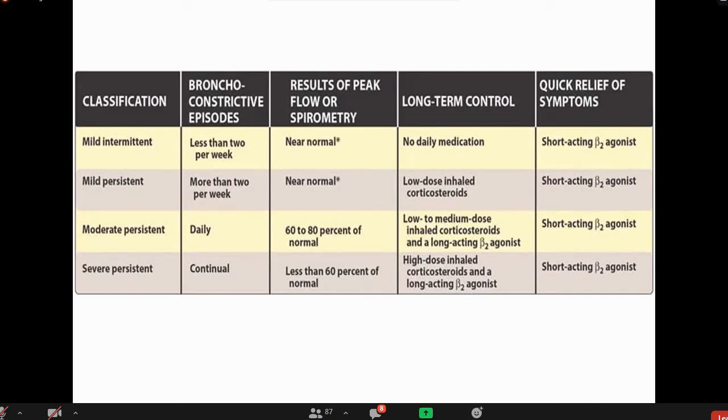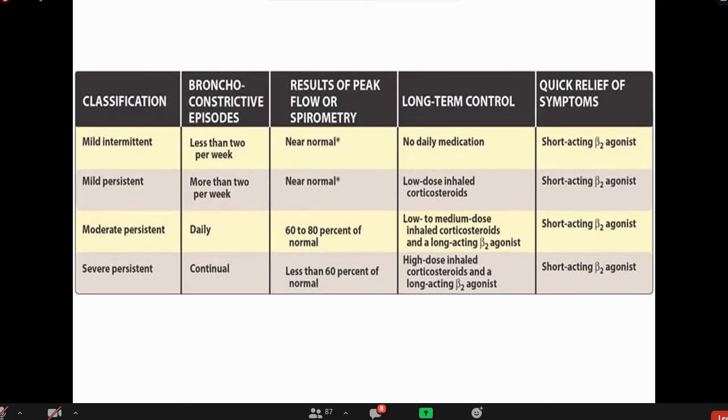If clinically we label the patient as moderate persistent, that means daily bronchoconstrictive episodes, and 60 to 80% of the normal value of spirometry, right? So low to medium dose inhaled glucocorticoids, which that patient is already taking, and now we are going to add a long-acting beta 2 agonist, right?